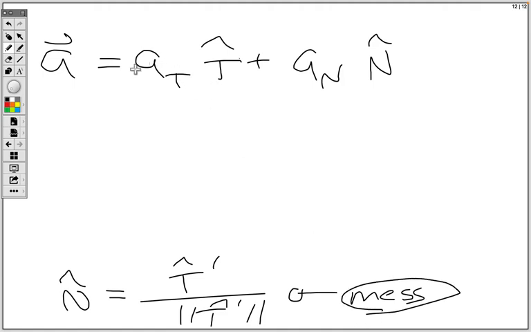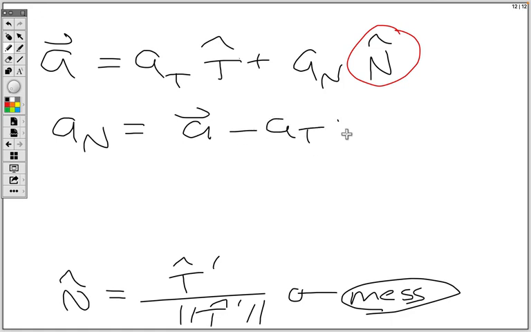On the other hand, this formula gives us a way to solve for N hat. So don't forget, we have all this wonderful vector algebra at our disposal. We can subtract T hat off both sides. And once again, the acceleration, the unit tangent, and the, whoops, there's an N hat there yet. And the T hat, these are typically easy to find.